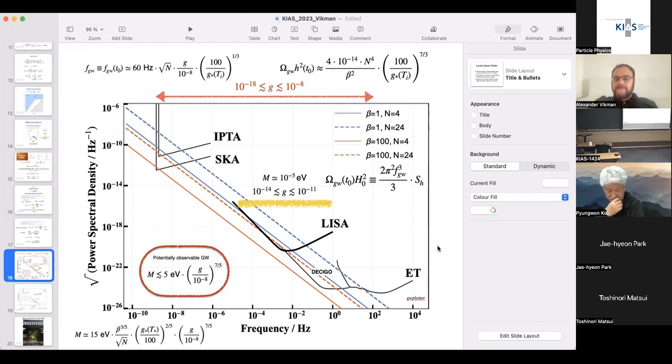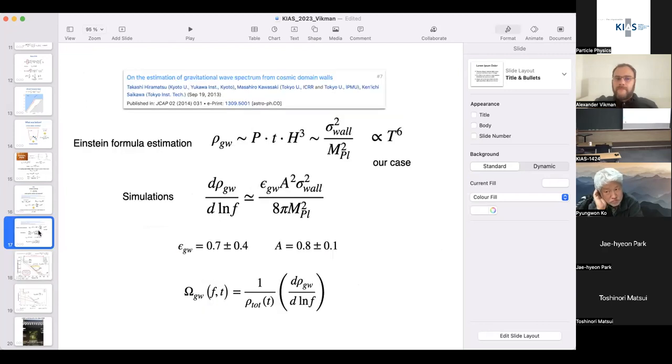So I remember Professor Hiramatsu studied such a numerical simulation of domain walls. Yeah, exactly. That's what I'm referring to. It's Takashi Hiramatsu. But as far as I remember, he doesn't have another paper where he would study this more complicated setup similar to ours.